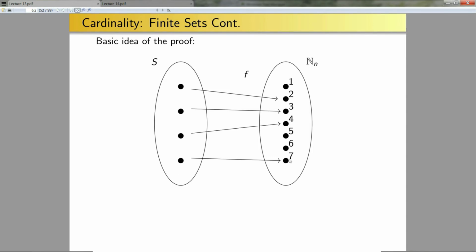This could be my injection. Clearly, as I've written it, this function won't be a bijection from S to N sub n because it's not surjective. Explicitly, 1, 5, and 6 don't have anything that maps to them. Further, if I throw away the points 1, 5, and 6 to make this a bijection, it's not a bijection from S to N sub m for some finite value of m because nothing maps to 1.